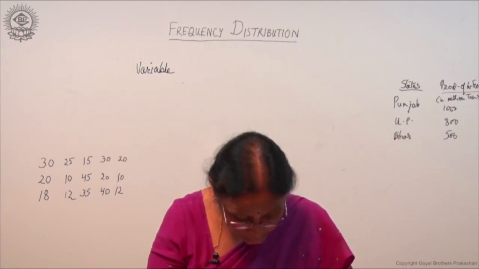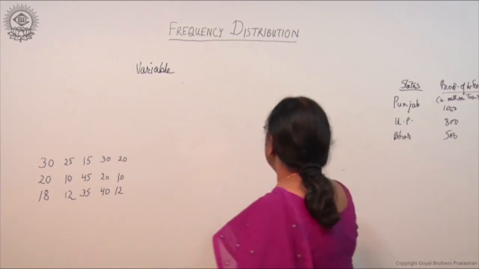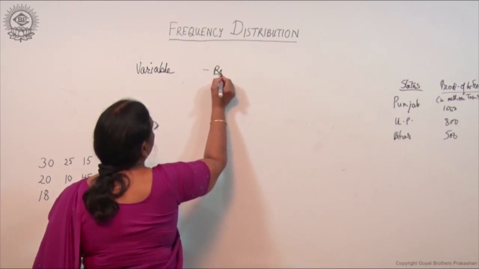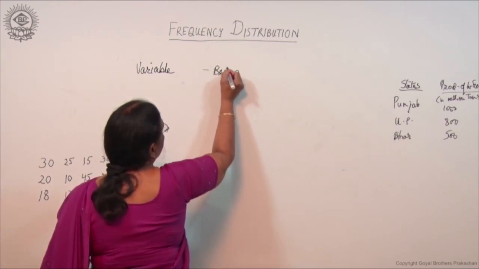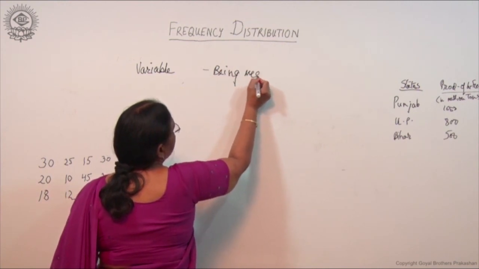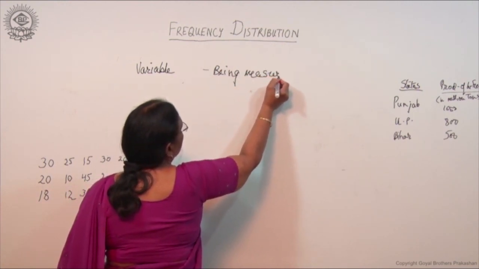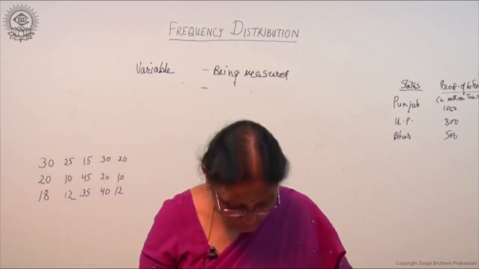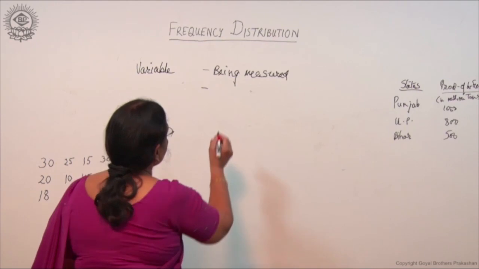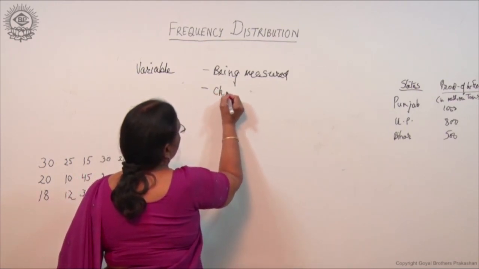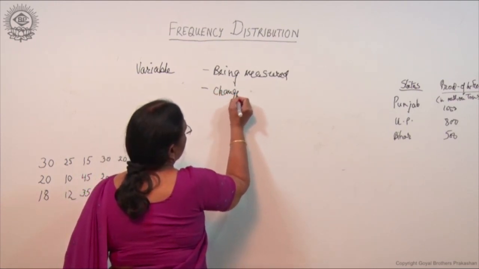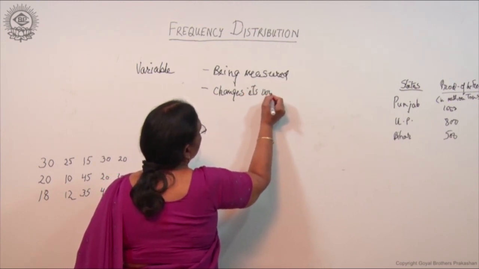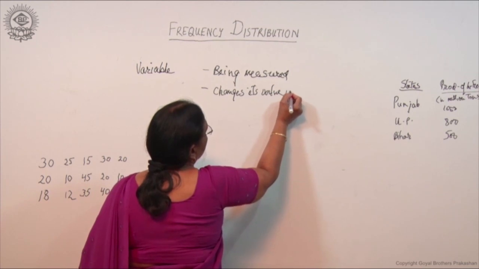So you can say a variable is anything which is capable of being measured and which changes its value with time.